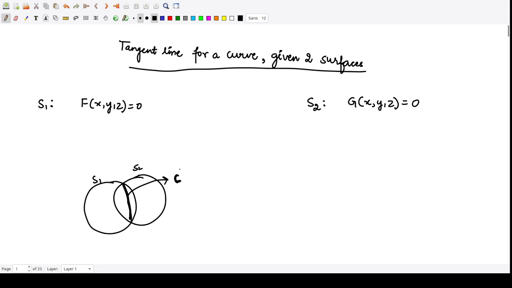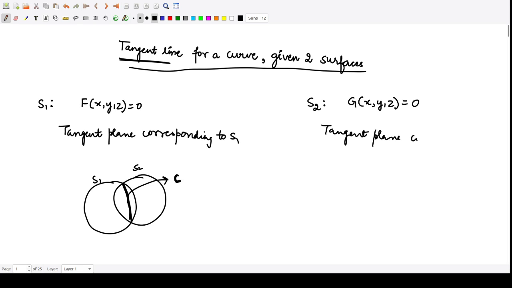So to calculate this tangent line, we first calculate the tangent plane corresponding to S1, and calculate the tangent plane corresponding to S2.